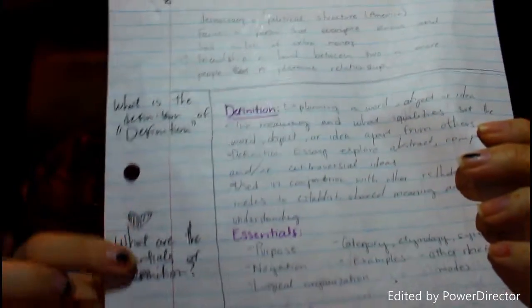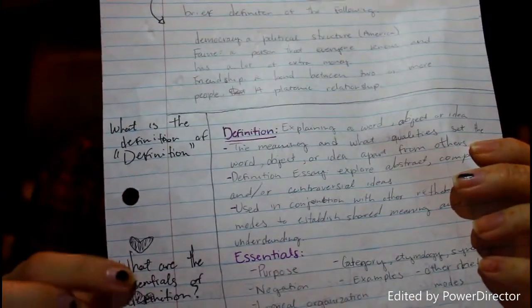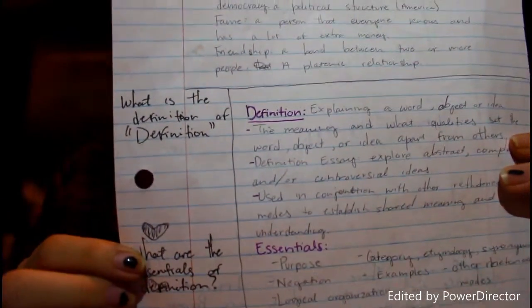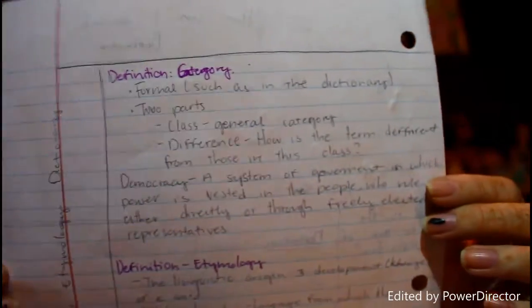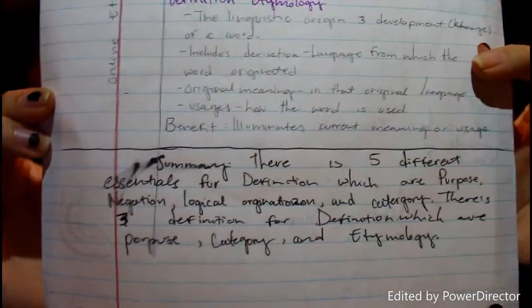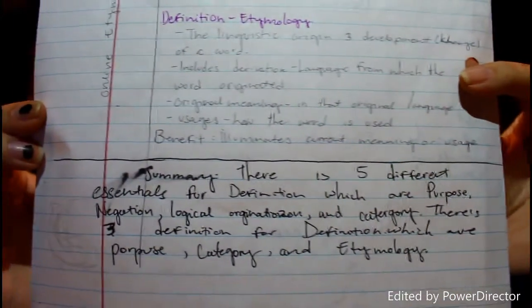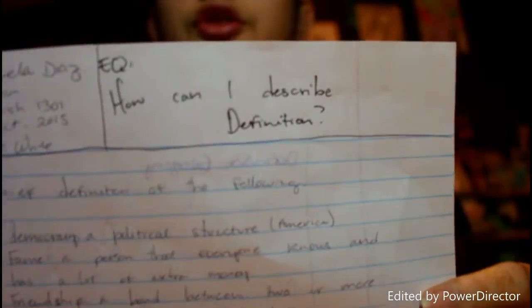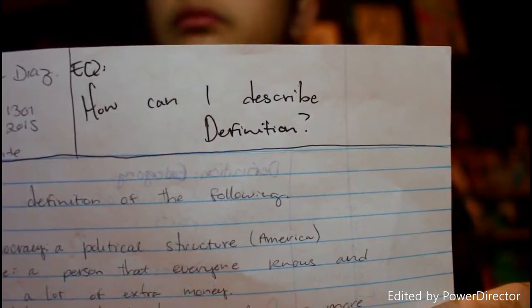And there are questions on the side that you should do by the 3rd day or 2 when you go over your notes, and it keeps going. And then it has the summary. I answer my questions that I had inside, and my essential question was, how can I describe definition?